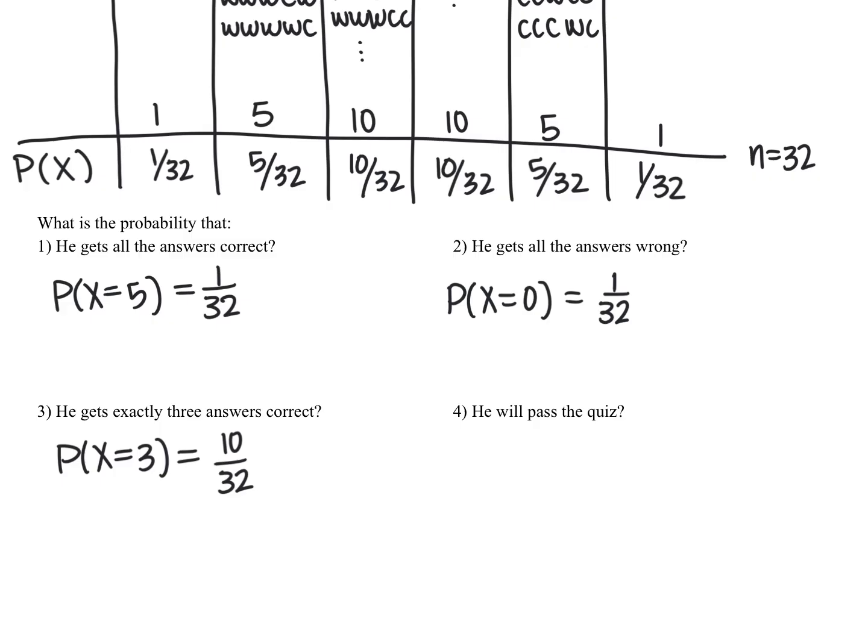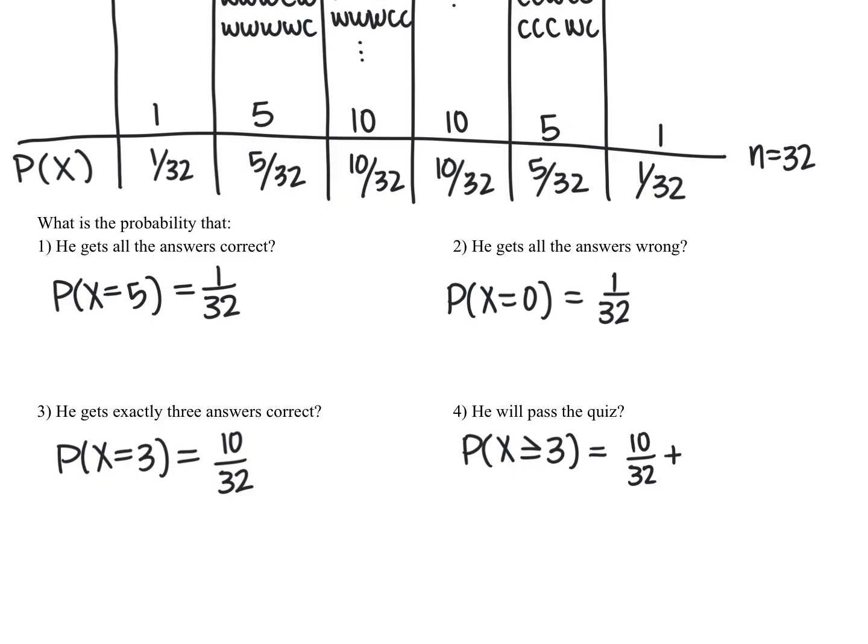So a passing score on a 5-question quiz is at least 3 out of 5, because a 3 out of 5 is a 60%. So if he gets a 3 out of 5 or higher, he passes. So that's the probability that x is greater than or equal to 3. So we do 10 out of 32 plus 10 out of 32 plus 1 out of 32.